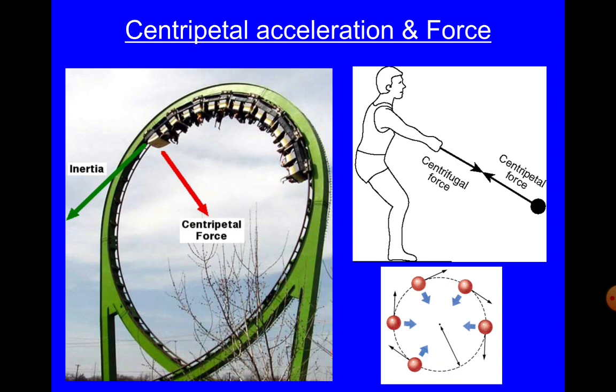We have weight, we have centripetal force, someone who's trying to throw a ball connected to a string. We have centrifugal force, centripetal force. Be careful, centrifugal force is different than centripetal force, but mainly we use centripetal force.